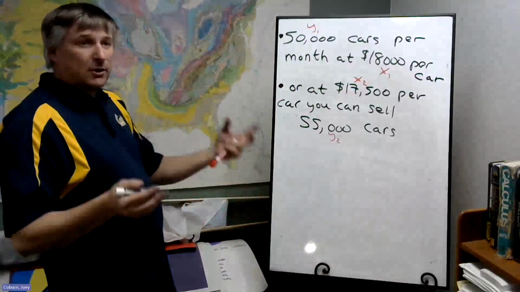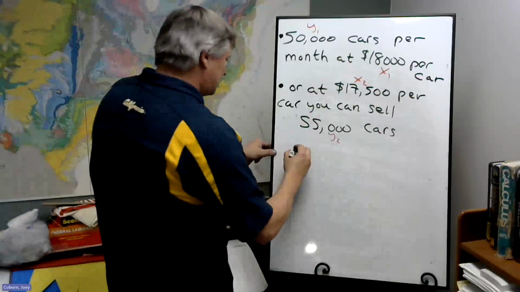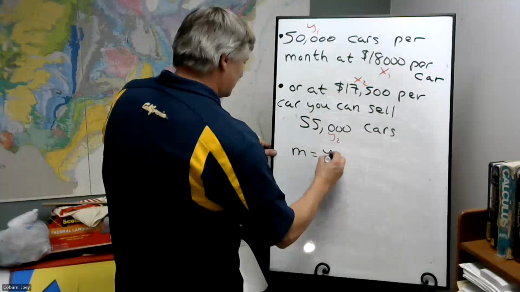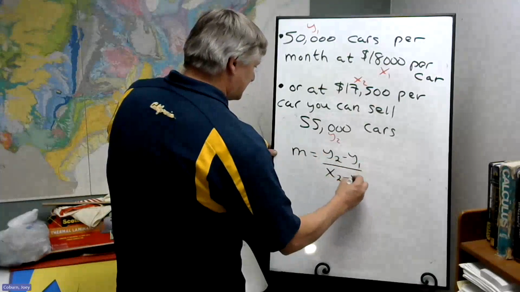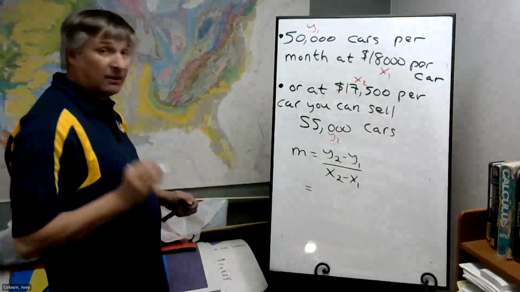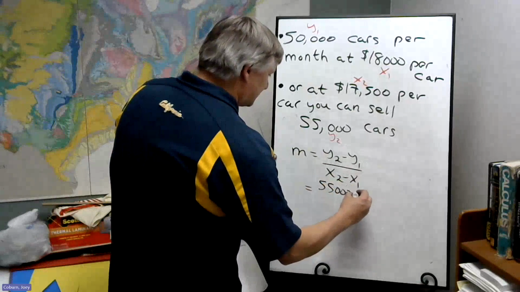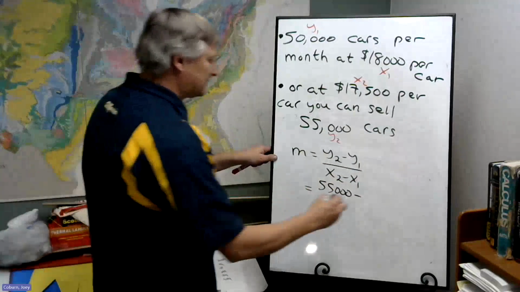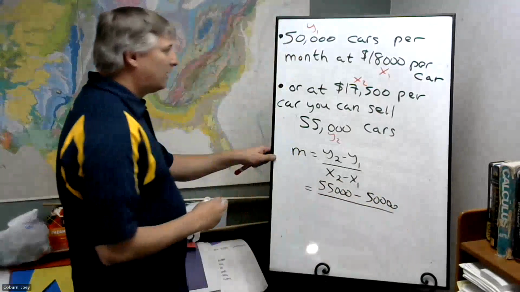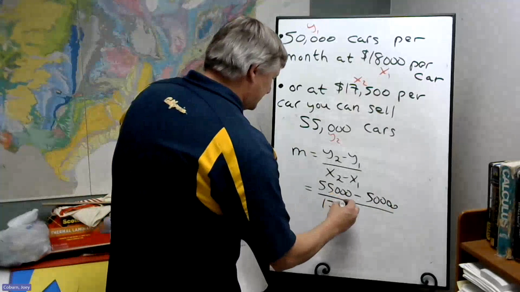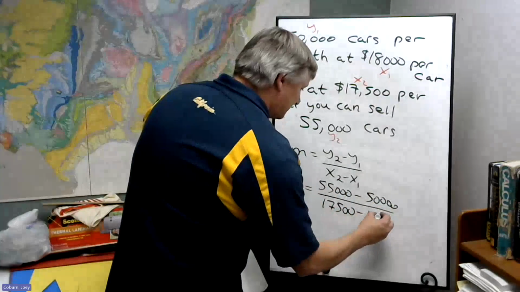So again, we're going to use the slope formula and then the point slope formula. So the slope formula, y2 minus y1 over x2 minus x1. Or in this case, 55,000 minus 50,000 over 17,500 minus 18,000.